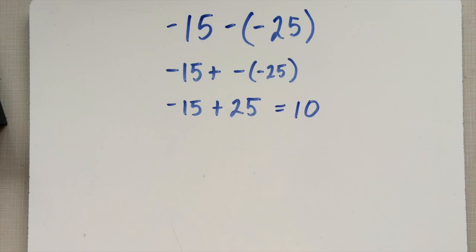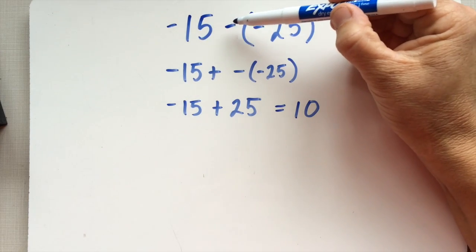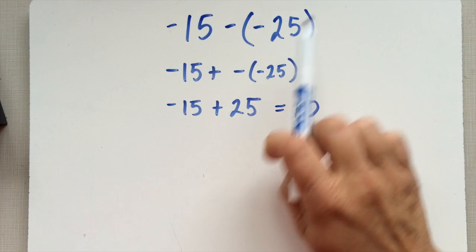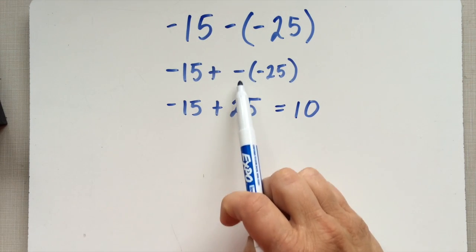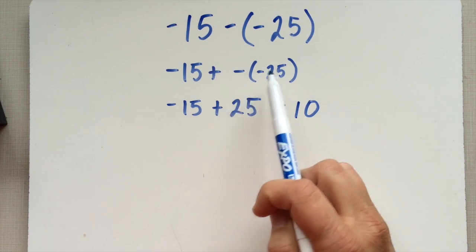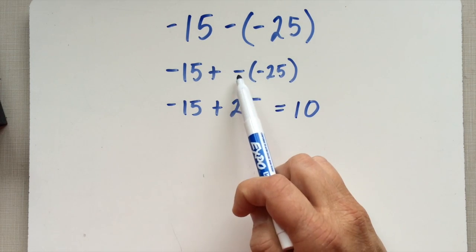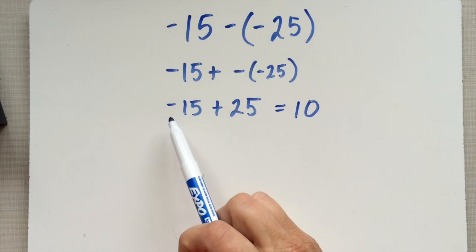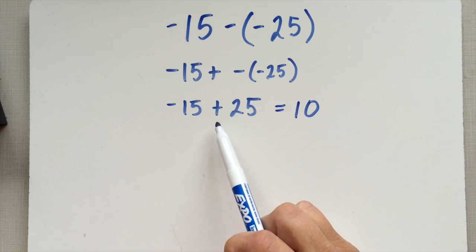All right, so we took this minus a -25 and we pushed the whole thing over, making this a -25. And we know that -25 is just the opposite of -25, which is +25, which gives us -15 plus 25.